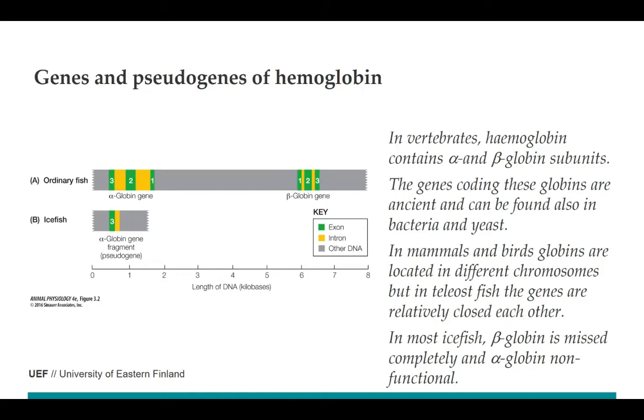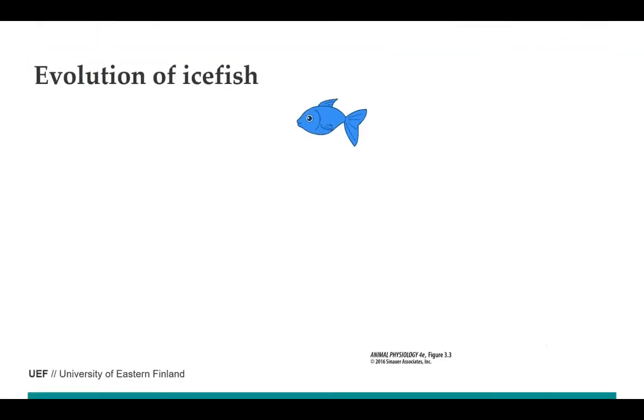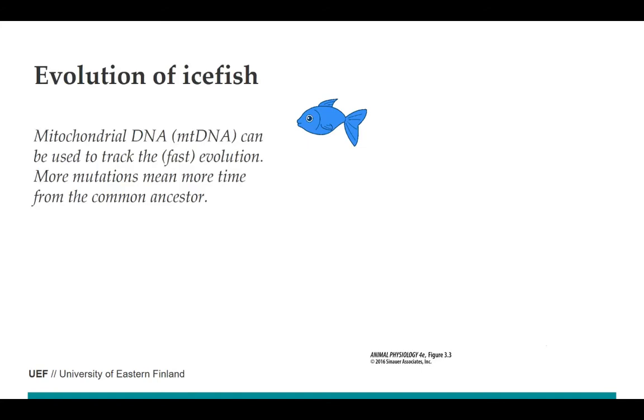And surprise, surprise, that's why they don't have hemoglobin at all. So how can this have evolved? First of all, we should perhaps make some kind of family tree of what kind of fish these ice fish are. Family trees can be made with genomics by comparing mitochondrial DNA.